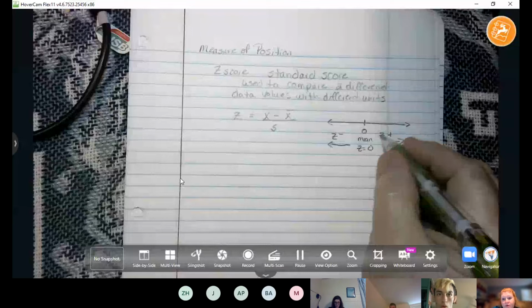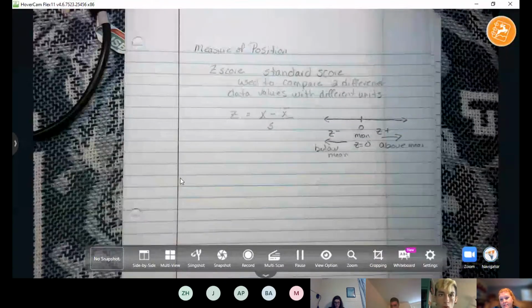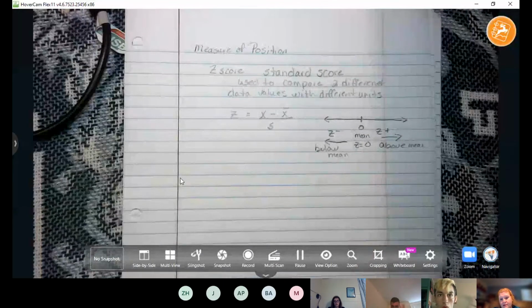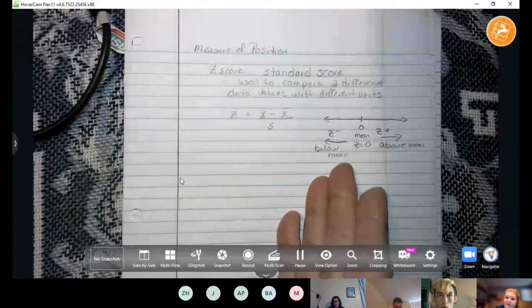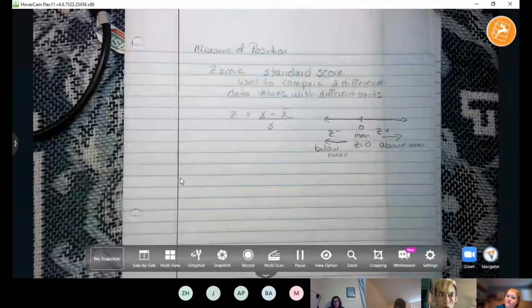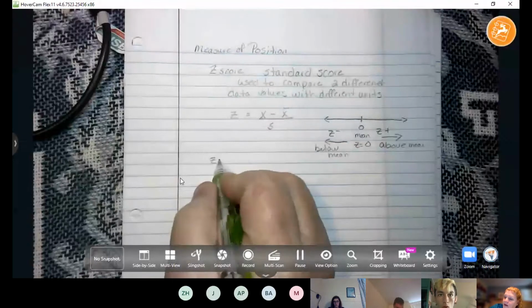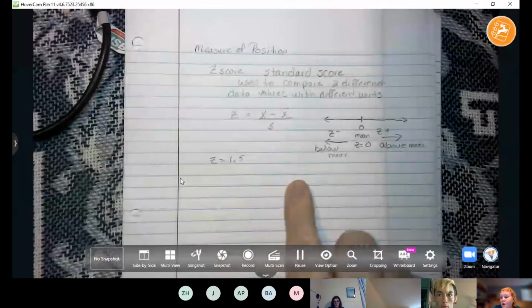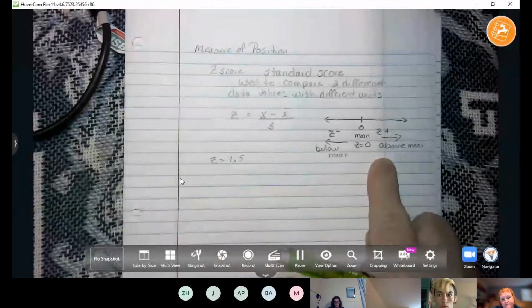So a Z-score of 0 means you're right at the mean. Z-scores that are positive mean you are above the mean. A Z-score that's negative means you are below the mean. So a Z-score of 1.5 means you are above the mean.